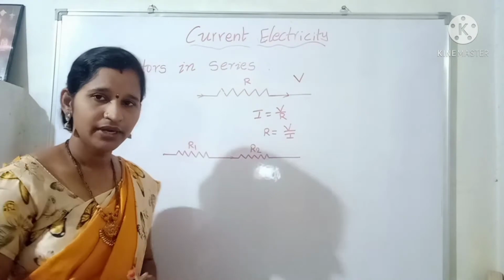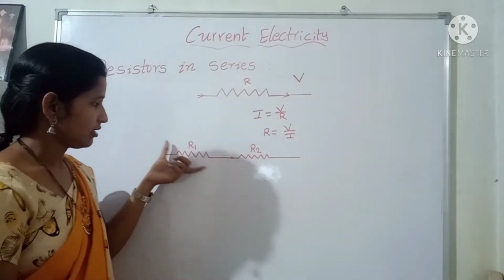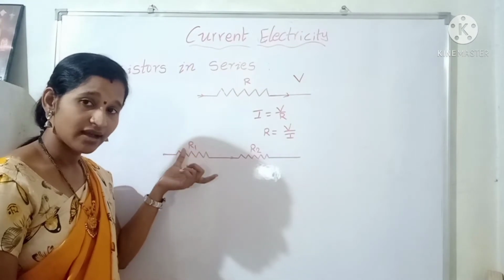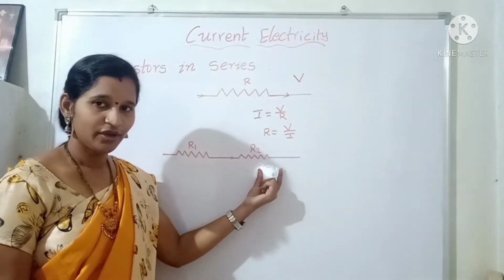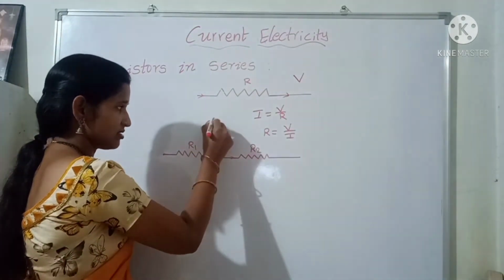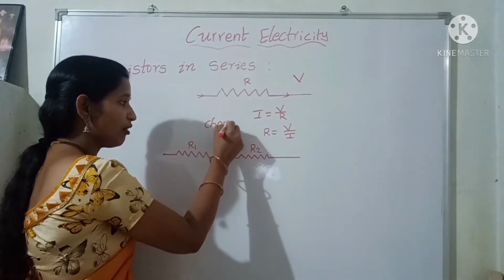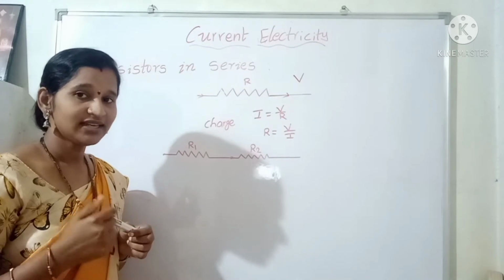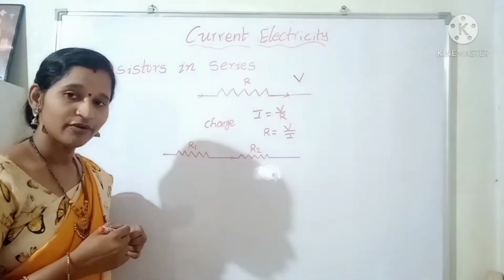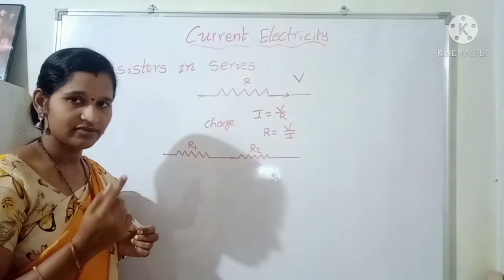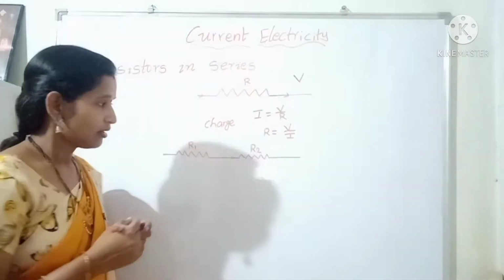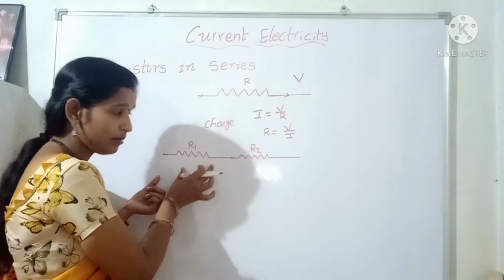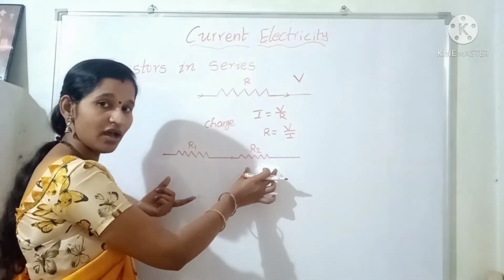Here, the charge which leaves R1, the same charge enters into R2. Already you know that flow of charge is nothing but current, the rate of flow of charge, as explained in the previous video. How much charge is leaving R1, the same charge will enter into R2.